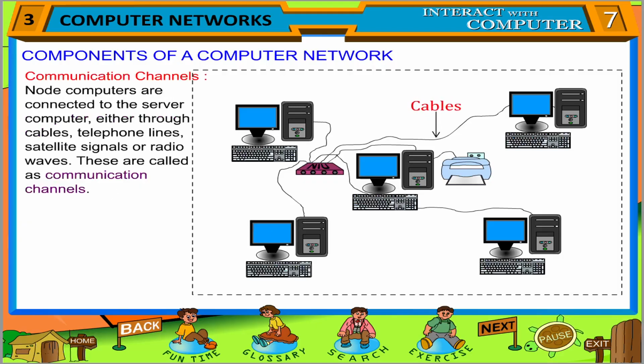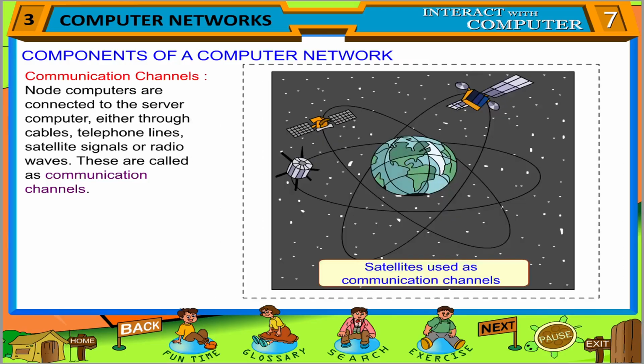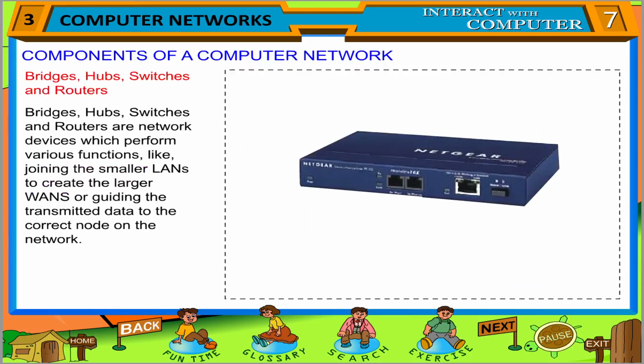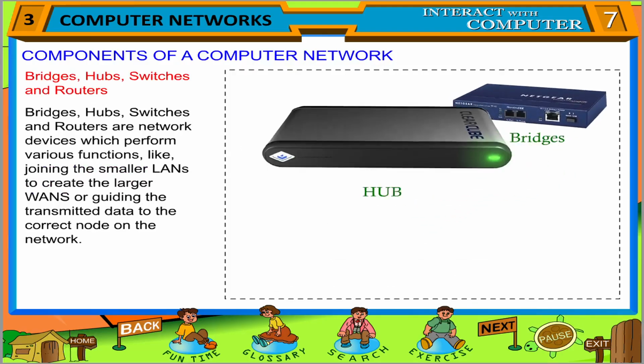Communication channels: node computers are connected to the server computer either through cables, telephone lines, satellite signals or radio waves. These are called communication channels. Bridges, hubs, switches and routers.